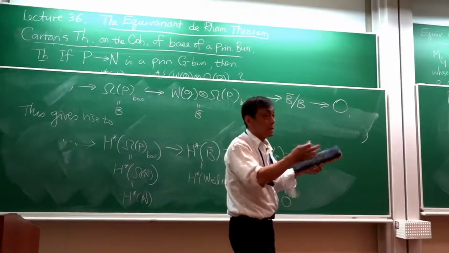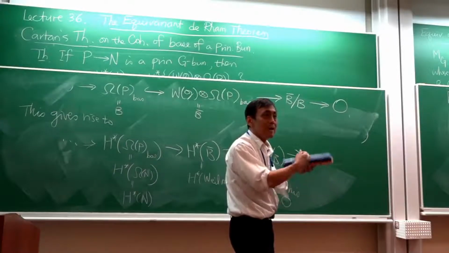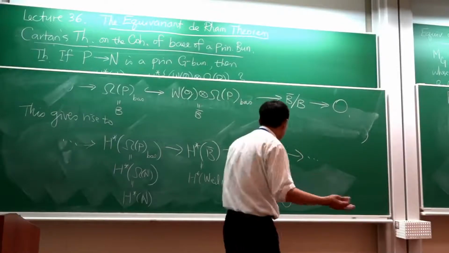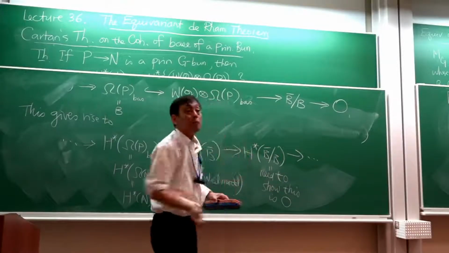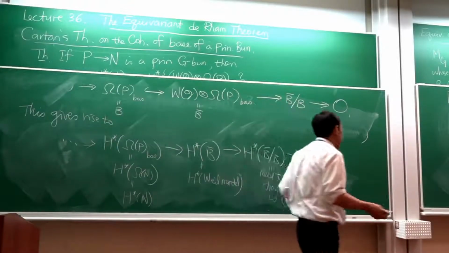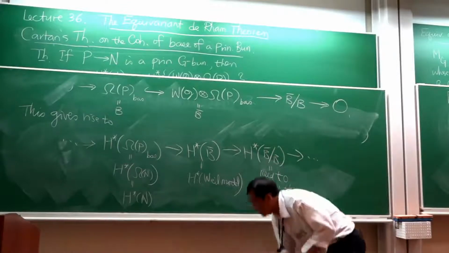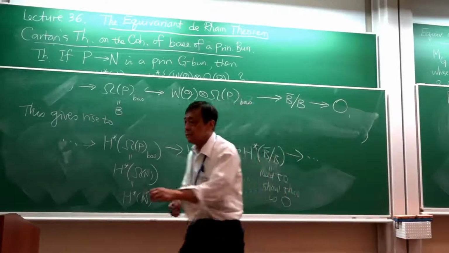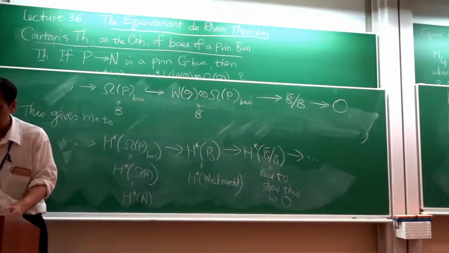It's a very clever formula, but if you have that formula, you verify that it's a cochain homotopy, then you know that the cohomology is 0, and so that proves the theorem. So I'm going to stop here because my time is up, and then you can read the details in the appendix that I had already sent you.